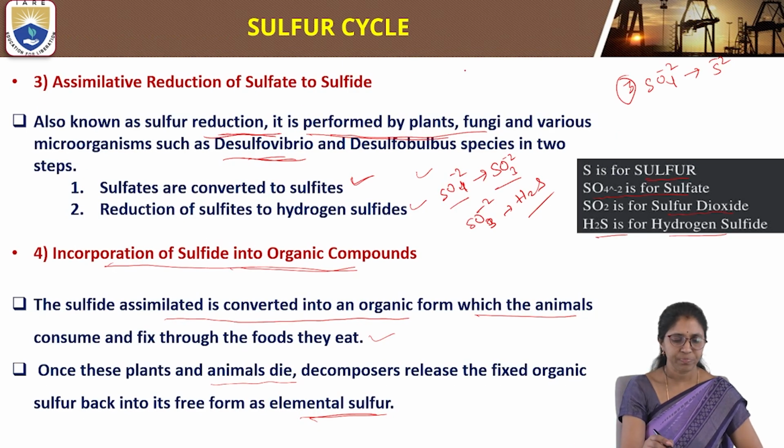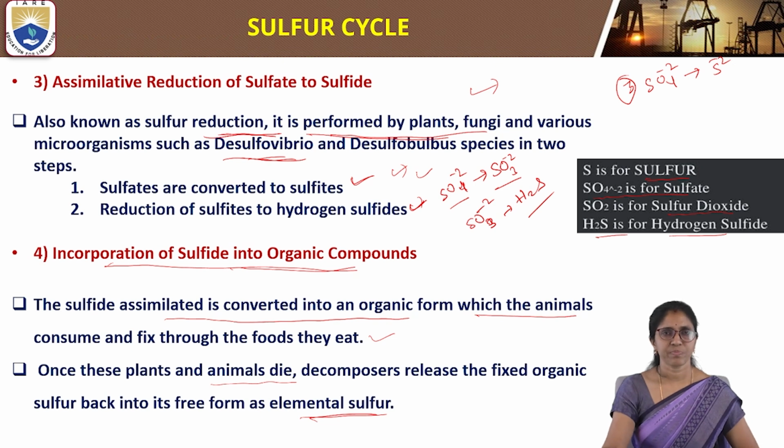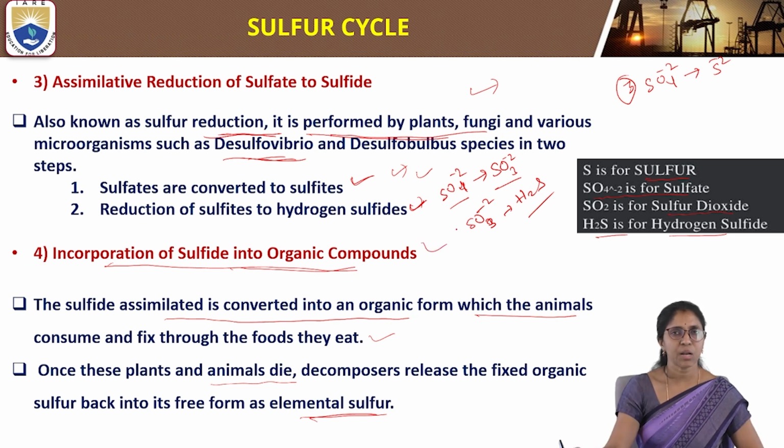The third step is a reduction step, sulfur reduction, which also has two steps. In the first step, sulfates are reduced to sulfides. In the second step, sulfides are reduced to hydrogen sulfide. In the fourth step, there is incorporation of sulfide into organic compounds, which are consumed by animals and move through the food chain.